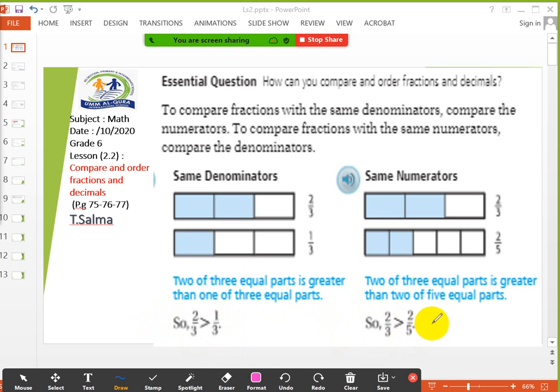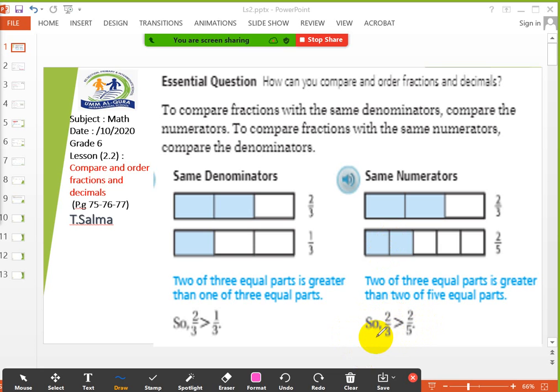When I have the same numerator, you know that the comparing now will be between the denominators, but I will do the opposite strategy.